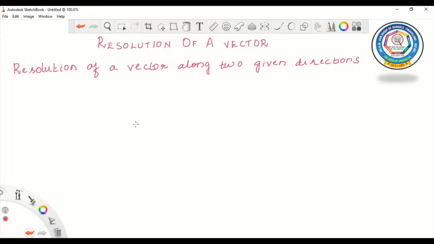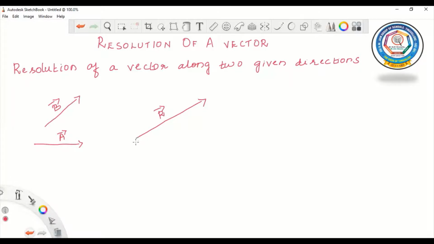Let us consider a vector R. So this will be the vector R. Now we wish to resolve this vector R in the direction of two coplanar and non-parallel vectors A and B. So we have two coplanar and non-parallel vectors A and B.